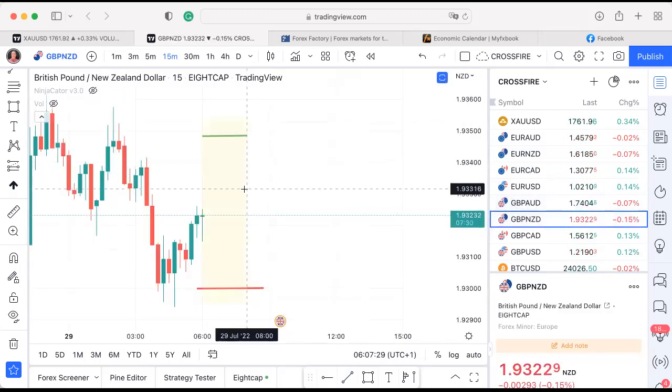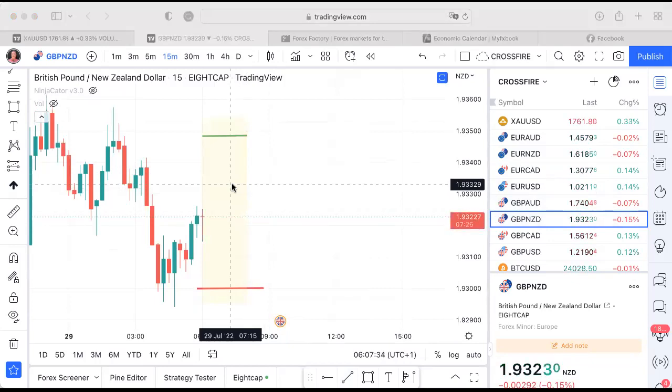Now, just a word about this rectangle. You need to be able to see the wicks. Excuse me, just turn my phone off. There we go. We need to be able to see the wicks on this 6 o'clock candle.